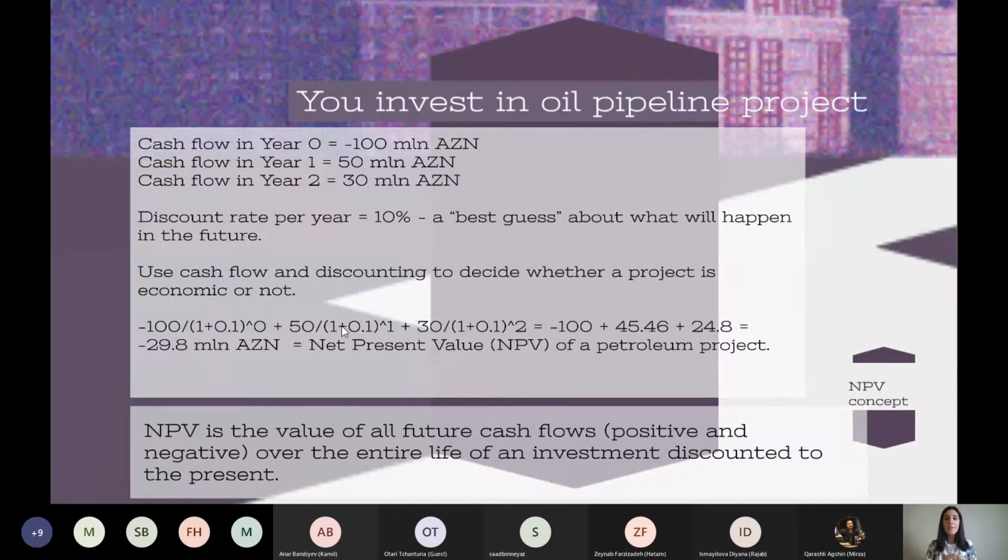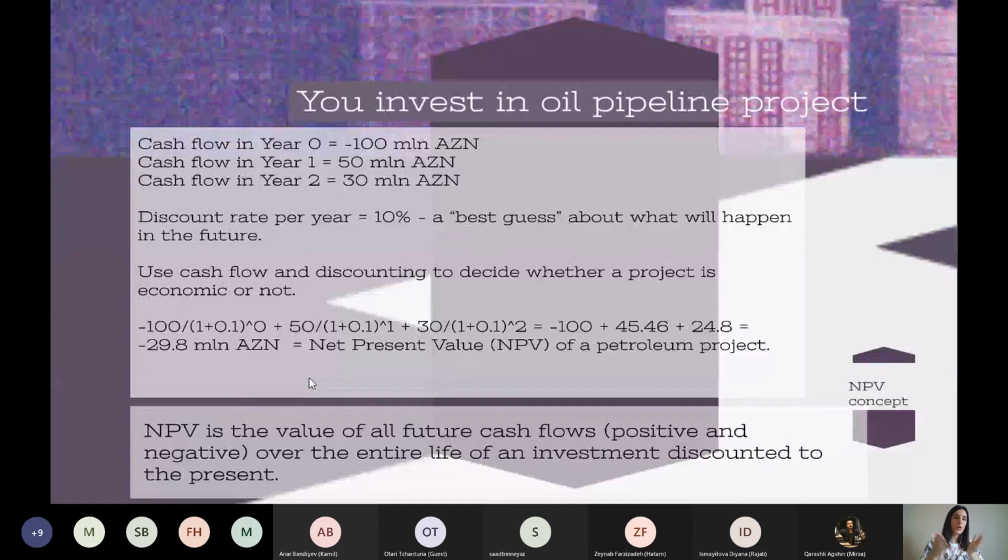So we have a concept about net present value, whether we should go for this project or not, whether this project is economic or not. So probably logical when you say it's negative. If it's negative, it means that you don't need to start this project, because after 2 years you will end up minus 30 million manats. It's not beneficial for you.